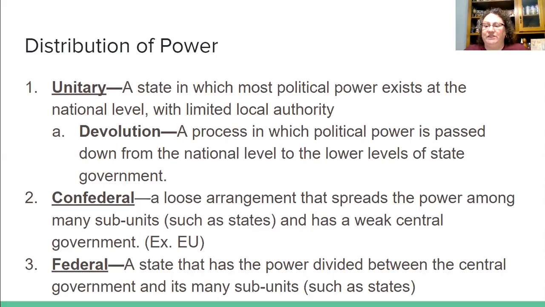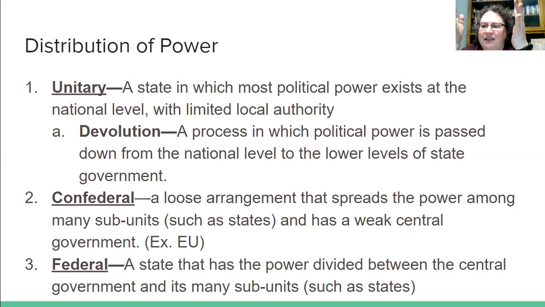So unitary, your power is consolidated, centralized at the national level, okay? You give some authority to your locals, your regional governments. They have some, but not a whole lot of power. All the power really is coming from that central government. In a federal system, that power is shared.